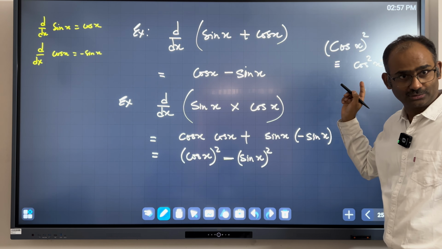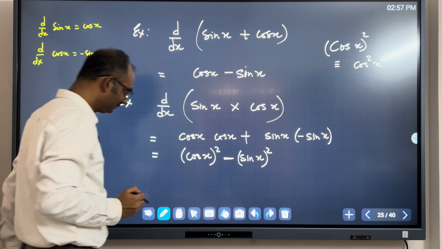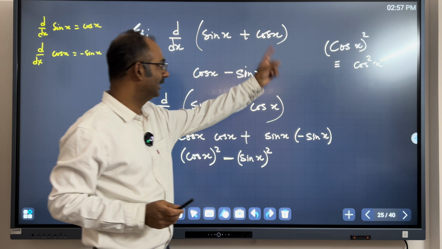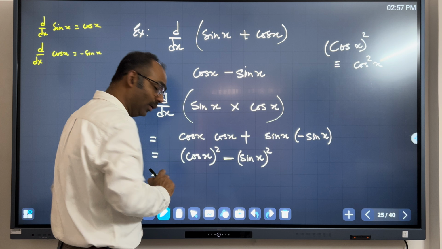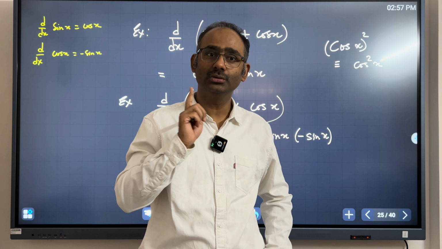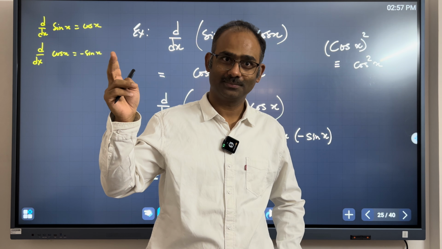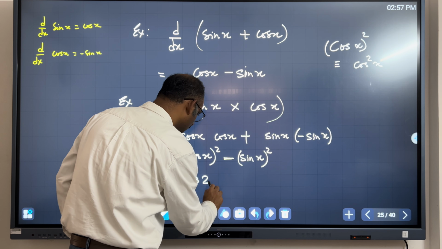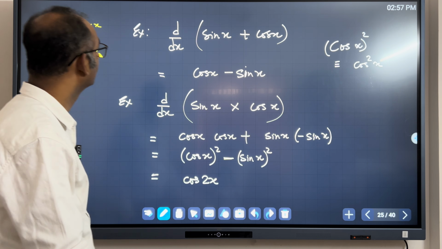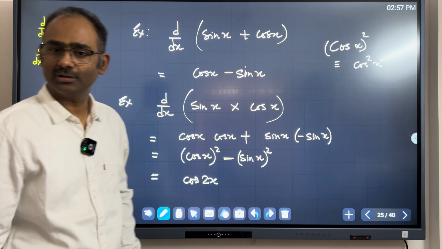That's not what is usually meant. It is meant this. So you can write it that way also. That's the same thing, same notation. Now, what is cos of 2 theta? It is cos square theta minus sine square theta. So that is cos of 2x. Is that okay? Did you also get this?